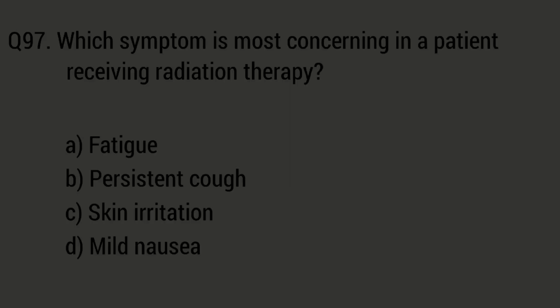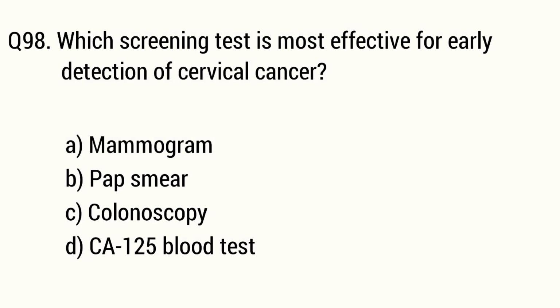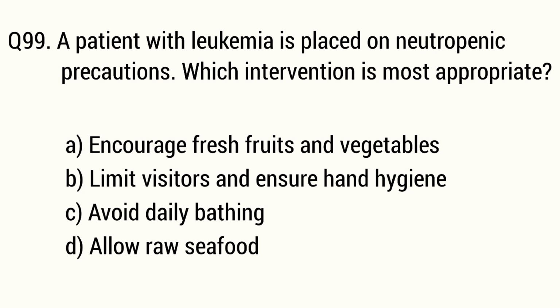Question number 98. Which screening test is most effective for early detection of cervical cancer? The right answer is option B, pap smear. Question number 99. A patient with leukemia is placed on neutropenic precautions.